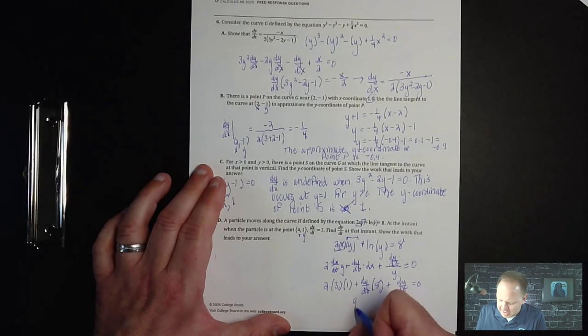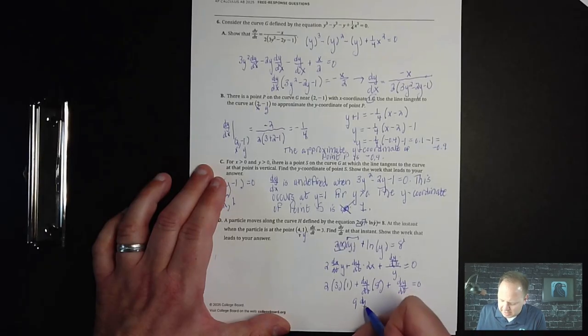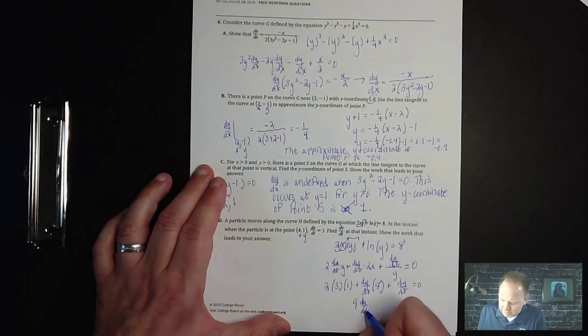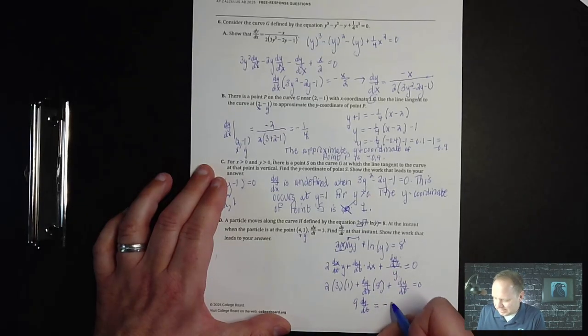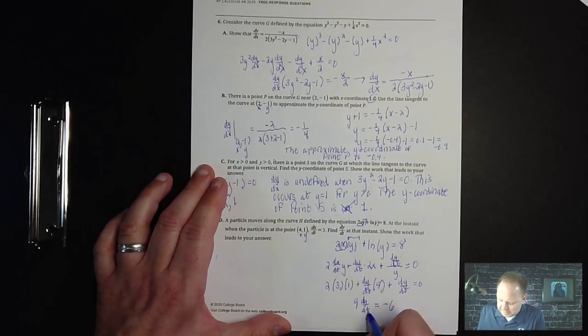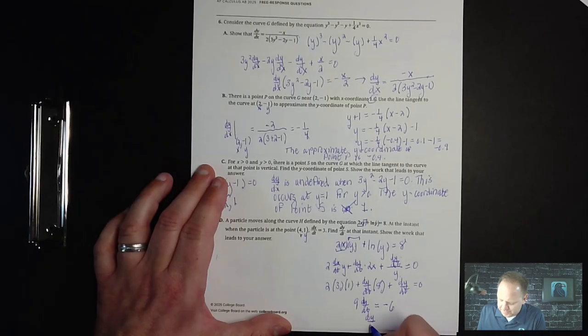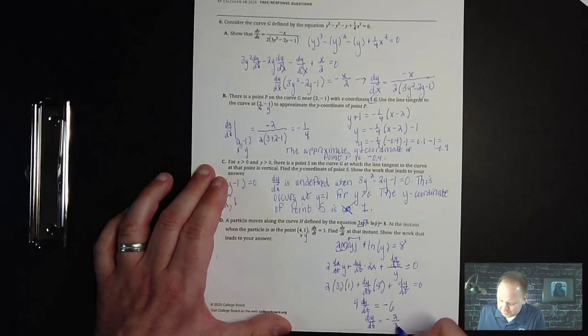That means I have 9 dy dt is equal to, that would be 6, so I'd subtract 6 to the other side. Isolate my dy dt, and that would give me a negative 2/3.